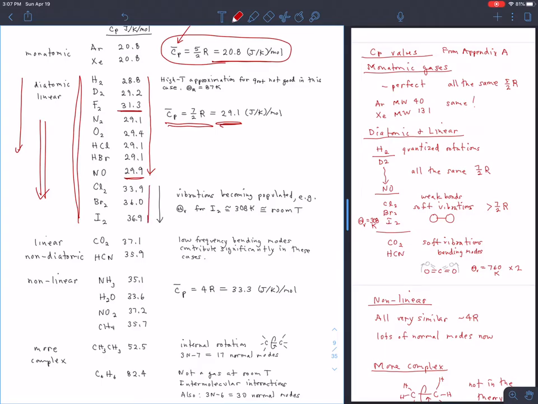And then down here for Cl2 and Br2 and I2, they start to get significantly bigger. We'll talk about all those kinds of exceptions. But the basic rule is that all these values are very close to our universal rule of just translations and rotations, 29.1 joules per K per mole.